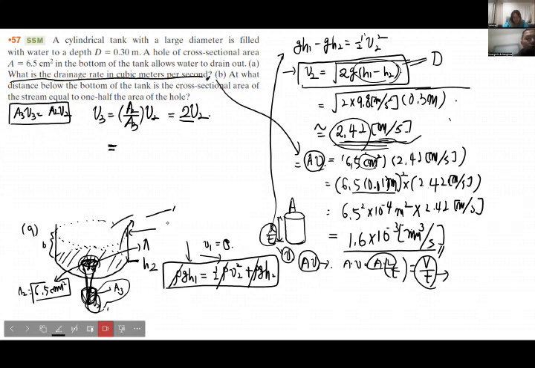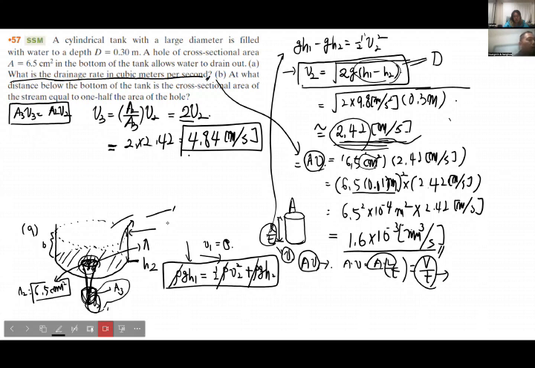So that is 2 times what's the velocity? 2.42. So that's 4.84 meter per second. So when this water reaches point 3, the speed is 4.84 meter per second.